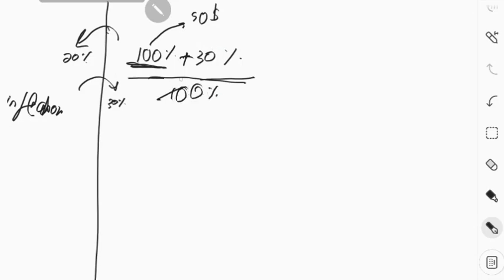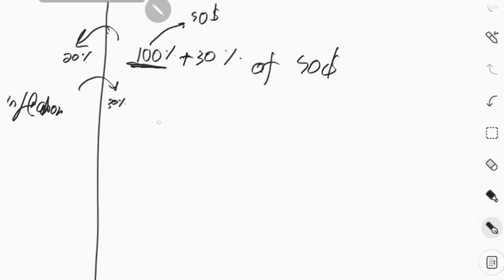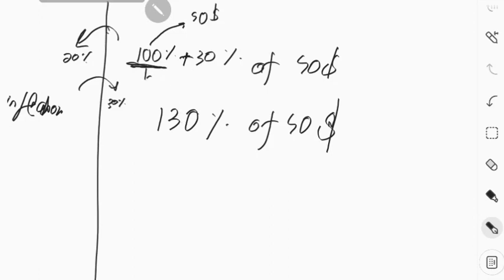100% means 100% of the price, which was actually $40, is now increased by 30%. Let me not confuse you with this. So 130% of $40. This seems strange, but it makes sense because 100% was the original price, but now there's an increase of 30%.